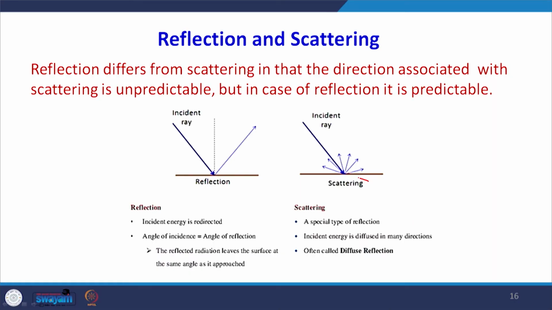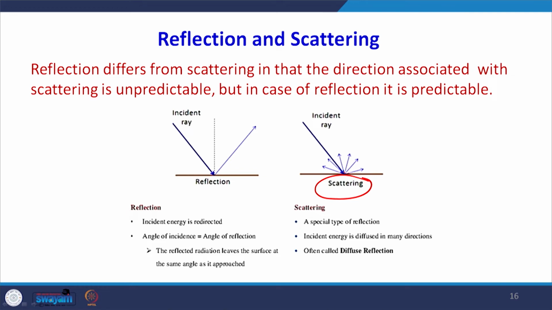So if we consider now, on one hand is the reflection and on the other hand is the scattering. Reflection is the incident ray striking the object and being reflected back, but what is happening is that in addition to the reflection, scattering is also taking place on the surface of the earth.